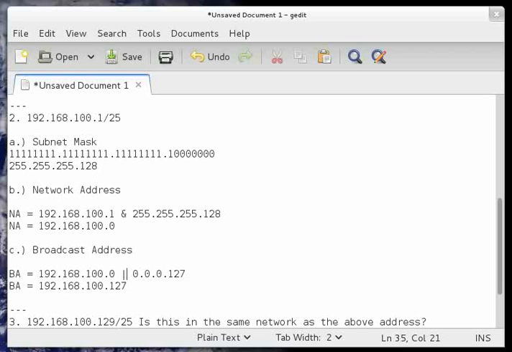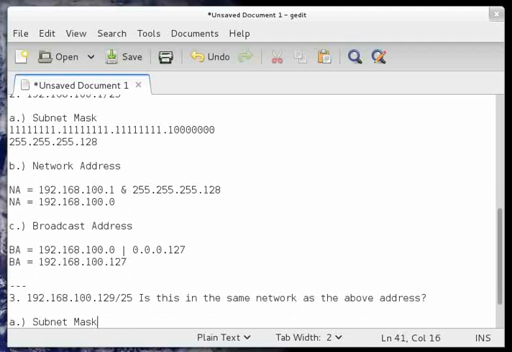Now let's take a last example. Say I pick the address 192.168.100.129/25. Is this in the same network as the address above? Well, we can find out by computing its network address.